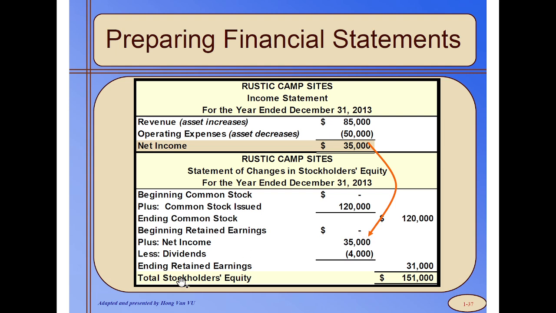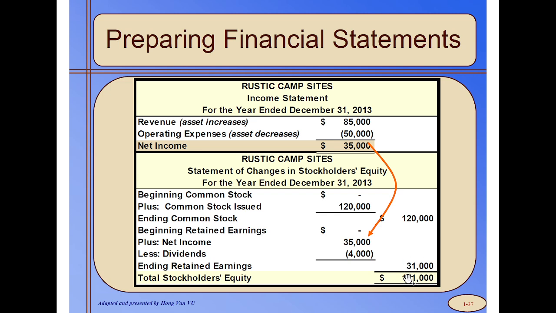We subtract the dividend the company pays of 4,000. So the ending retained earnings is 31,000. So we have a total stockholders' equity of 151,000.